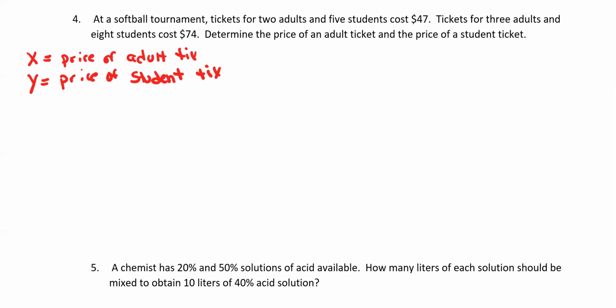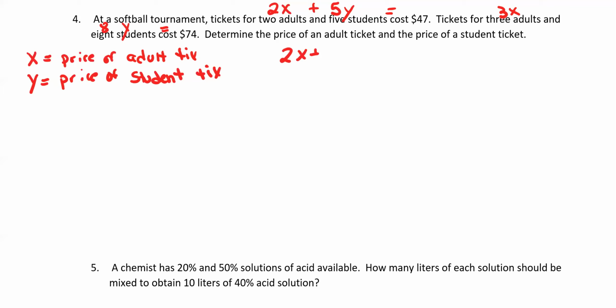So your two sentences are your two equations. Tickets for 2 adults and 5 students cost $47. Tickets for 3 adults and 8 students cost $74.